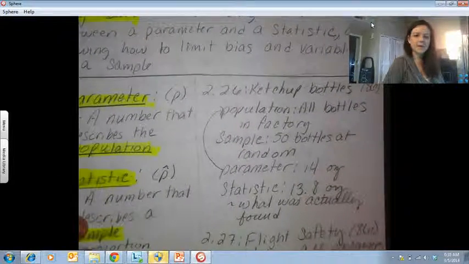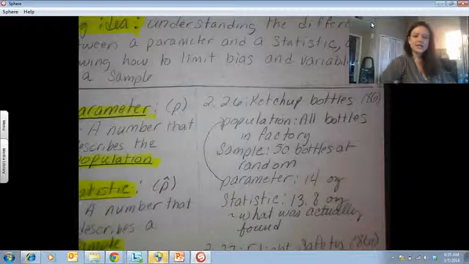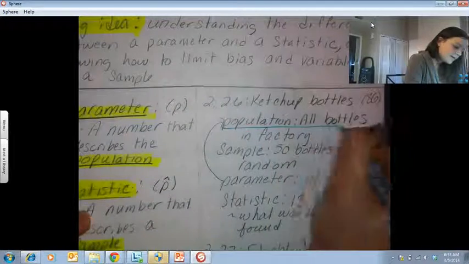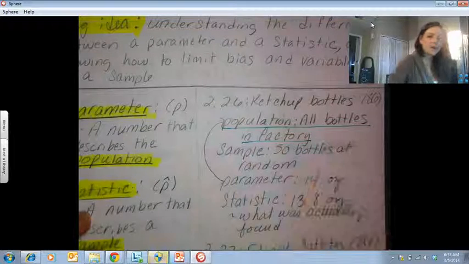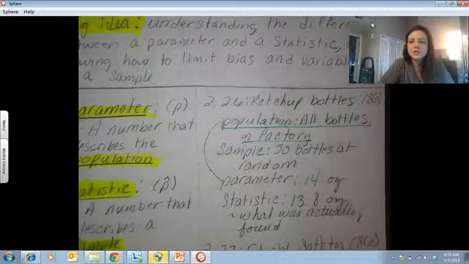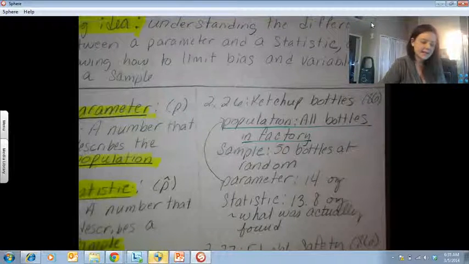So our population here is going to be all bottles of ketchup in the factory. That's the entire population of ketchup bottles, okay? So the population, all bottles in a factory. The sample are those 50 bottles that they chose at random to actually test. Okay, that's the sample.